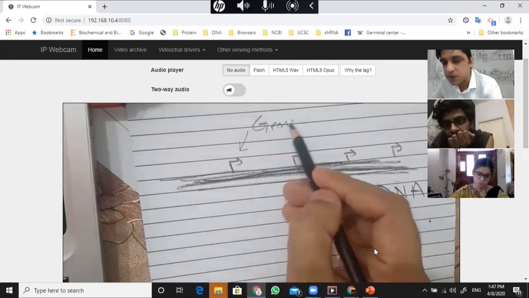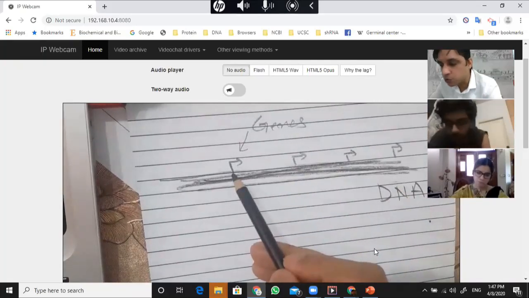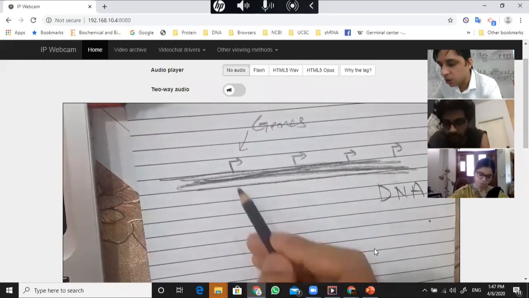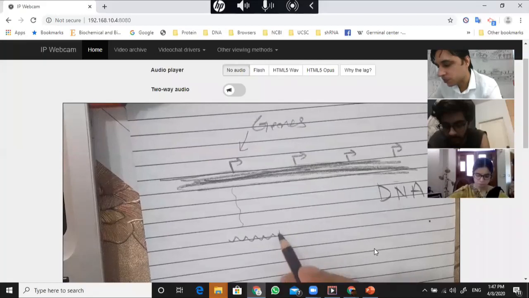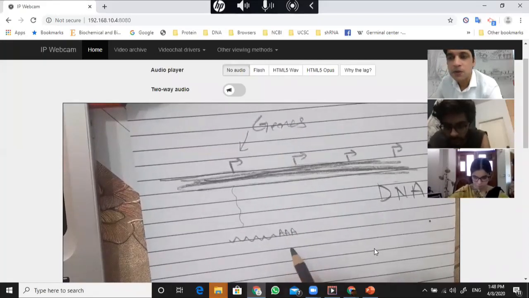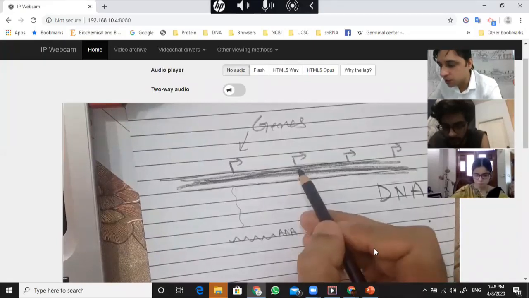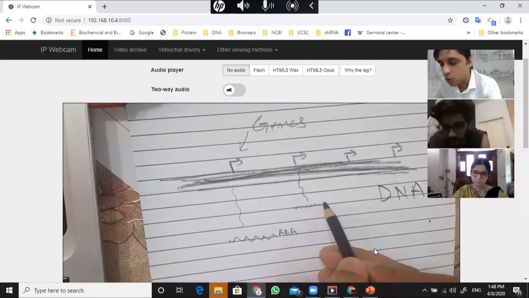These are the parts of the DNA which are capable of producing the messenger RNA. The messenger RNA usually has a certain number of A's at the end, which is called the poly A tail. So any portion of the DNA is a gene if it is able to express a messenger RNA.